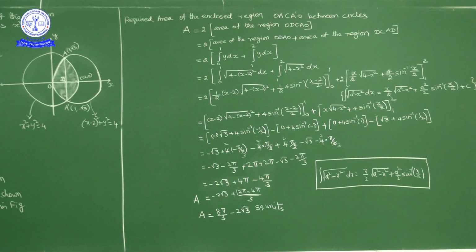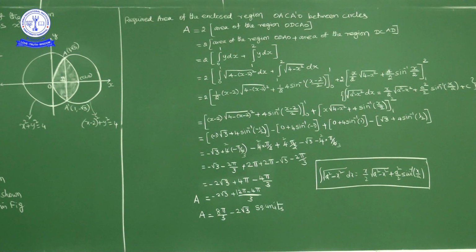Now about the second integral, what we have here is 0, 4 into sin inverse of 1. Sin inverse of 1 is how much? Pi by 2. 4 into pi by 2 is how much? 2 pi. Now here minus root 3 minus 4 into sin inverse of 1 by 2. Sin inverse of 1 by 2 is pi by 6. So minus 4 into pi by 6 is nothing but minus 2 pi by 3.